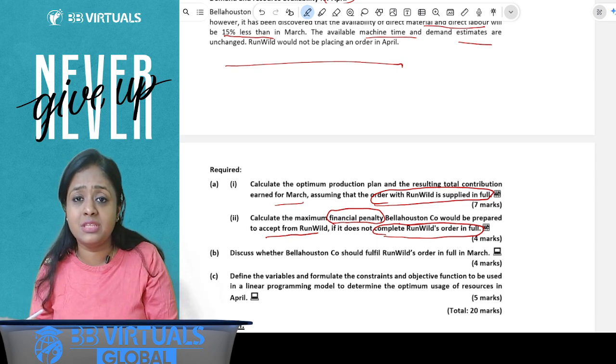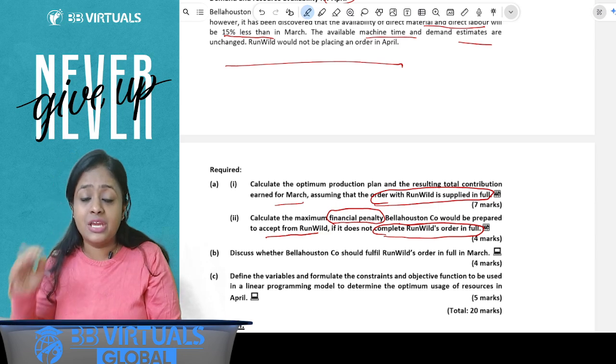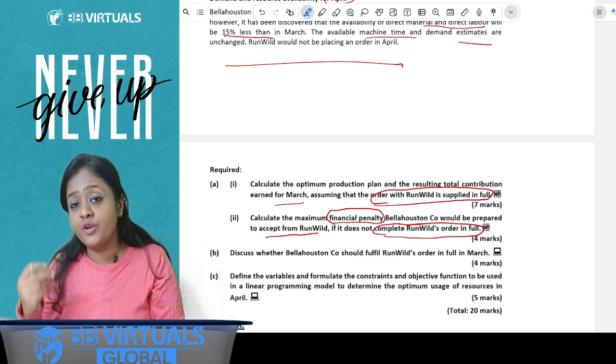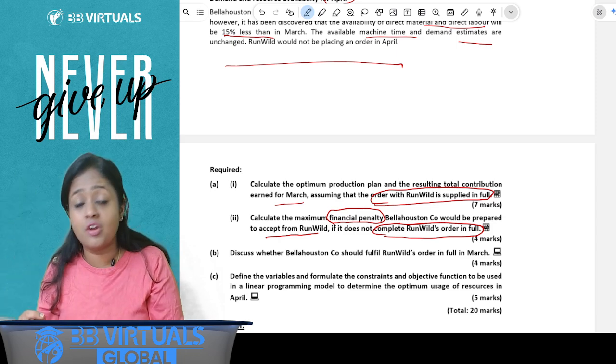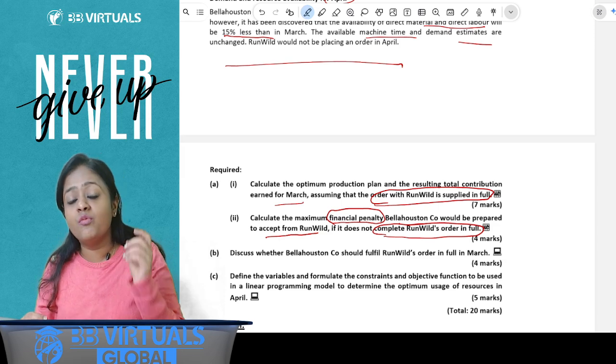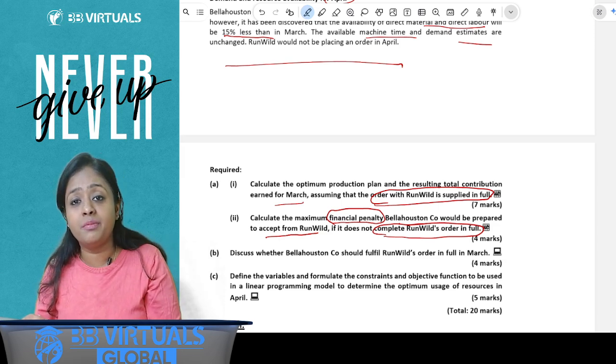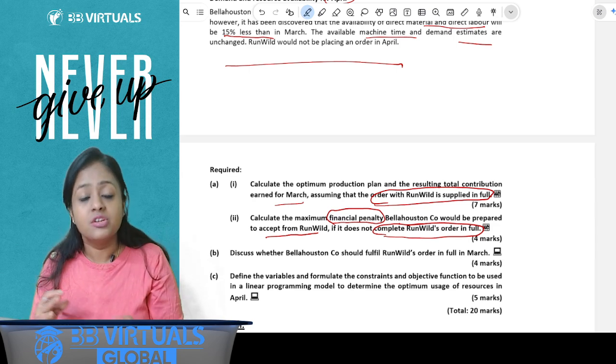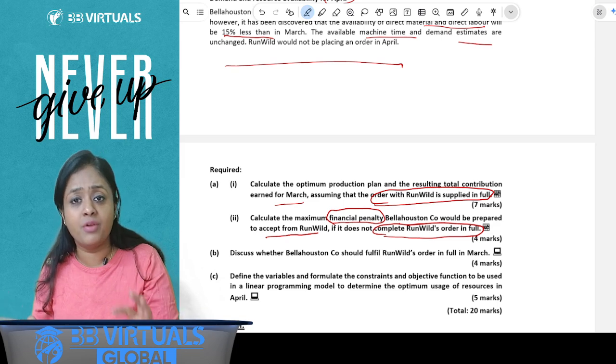Whatever is calculated, generally it will be lower only because you're not fulfilling that order. So if the contributions have gone lower, then what is the penalty that Bella Houston will be ready to give? The loss that it is going to suffer because of the loss in contribution. So that is the maximum acceptance level for Bella Houston, right?